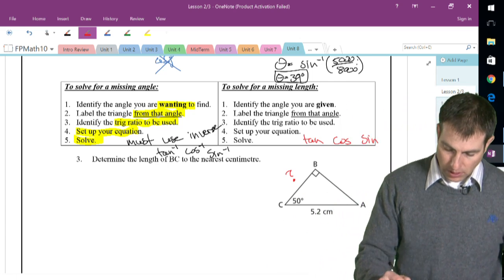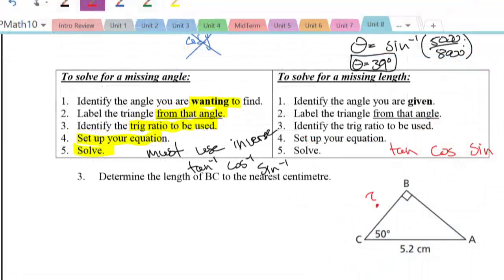And to me, it looks like the angle we're given is down in the left corner here, angle C. The second thing we do is label the triangle from that angle. So if I go across, that's going to give me the opposite. This is going to be my hypotenuse, and this is going to be my adjacent.